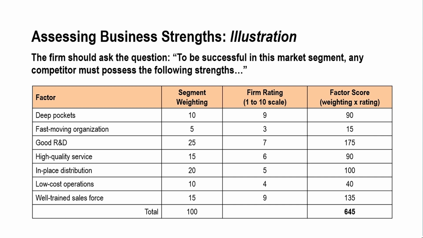And also the firm can ask questions like, to be successful in this market segment, a player must possess the following strengths. So, this is actually assessing the organization and its attributes with respect to segment analysis. So, with the statement that to be successful in this market segment, any competitor must possess the following strengths.